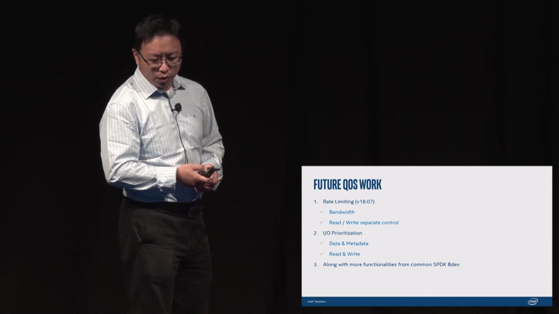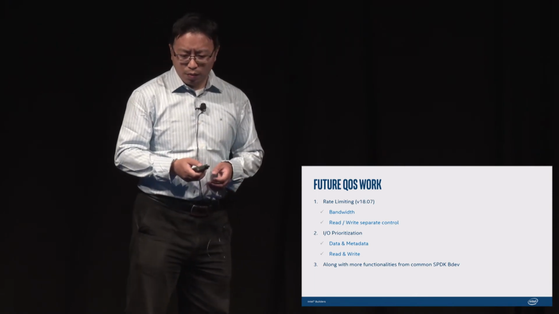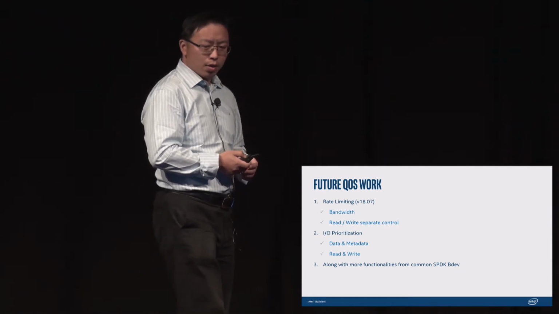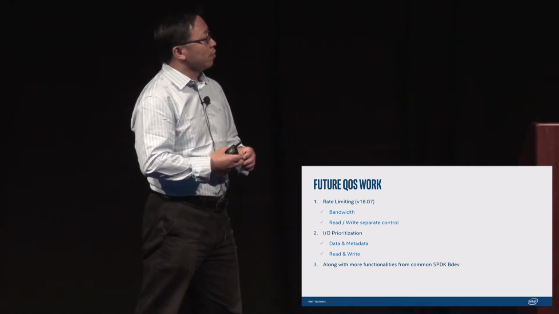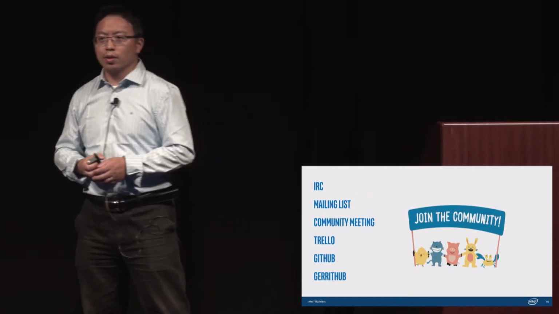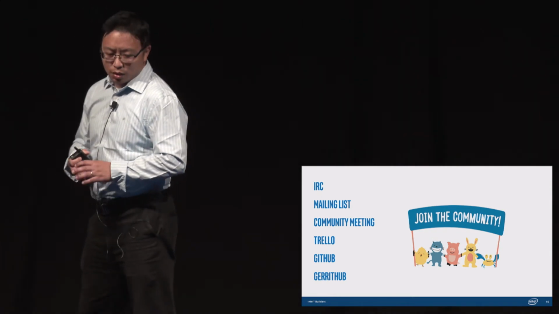So this feature can fully work together with the vBdev layer. As I said, there is much work to do, so if you are interested in this, you can join the community. We can discuss and see how to develop this feature.